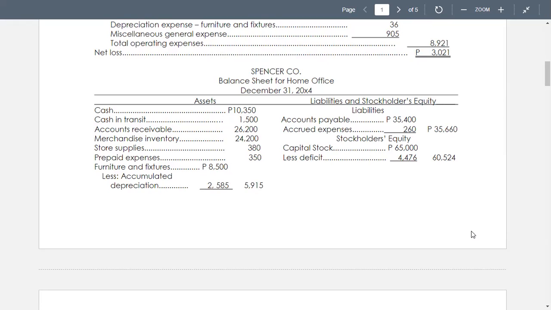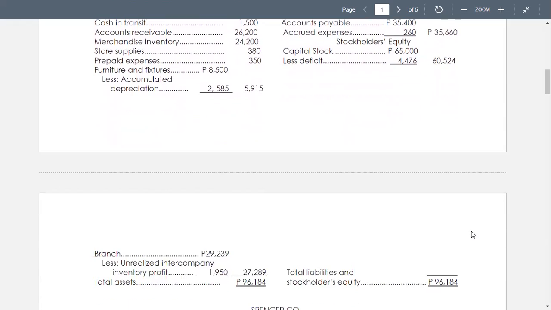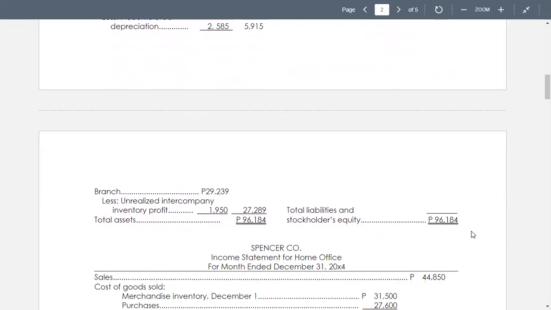Furniture and fixtures, 8,500 minus accumulated depreciation of 2,585. So the net book value of the furniture and fixtures of the home office is 5,915.